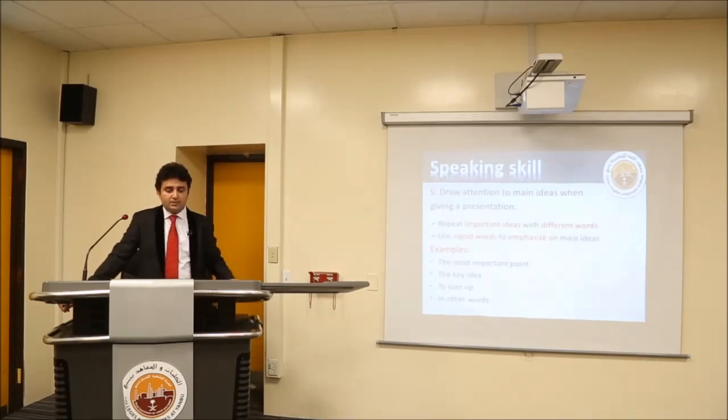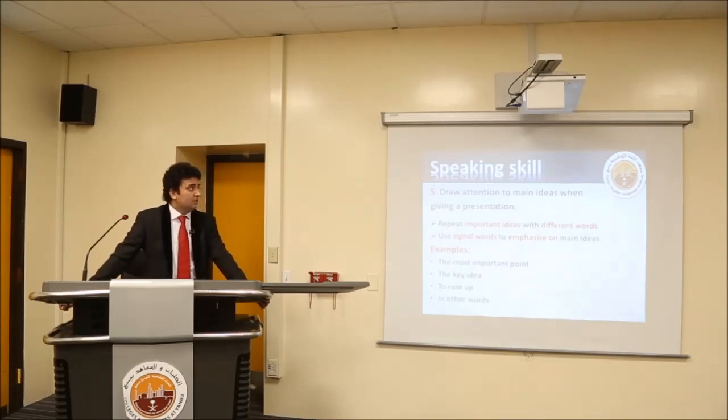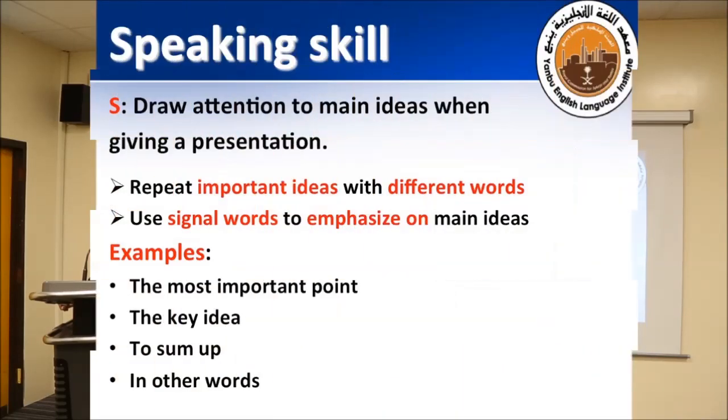The second learning objective I'm going to talk about is speaking. In speaking, the learning objective is to draw attention to main ideas when giving a presentation. When you give a presentation, you want to help your listeners understand the main ideas. Now, how can you do that? The first thing is that you can repeat important words and important ideas with different words.